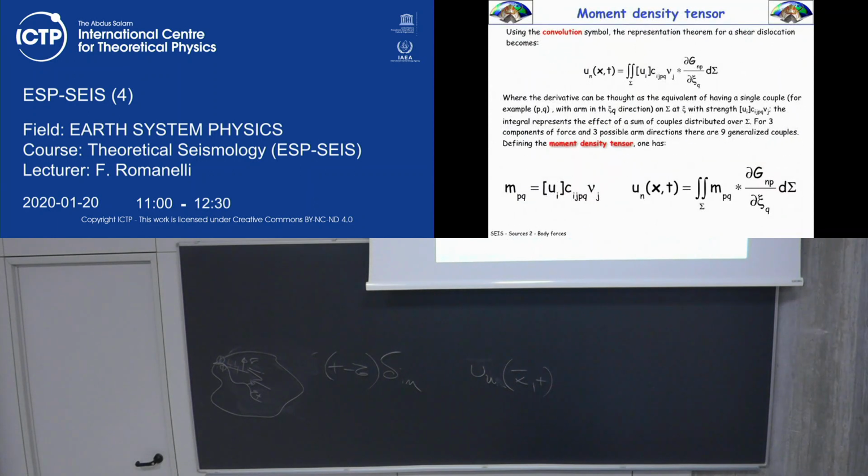Okay, as I told you, let's try now to rewrite that expression in some different fashions that can be useful for us. By the way, that's the most useful and powerful expression that we can use to model seismograms. So it's the key tool to do many things.